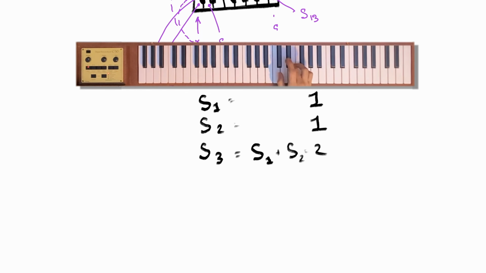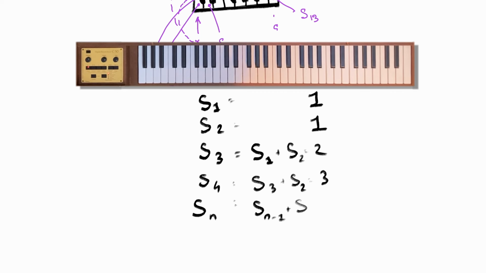So the number of ways to go up to this note from the C, we can write S4 is equal to S3 plus S2, which is 3. And in general, we can do this for any note of the scale, and we can write this generally by saying that Sn is equal to Sn minus 1 plus Sn minus 2.